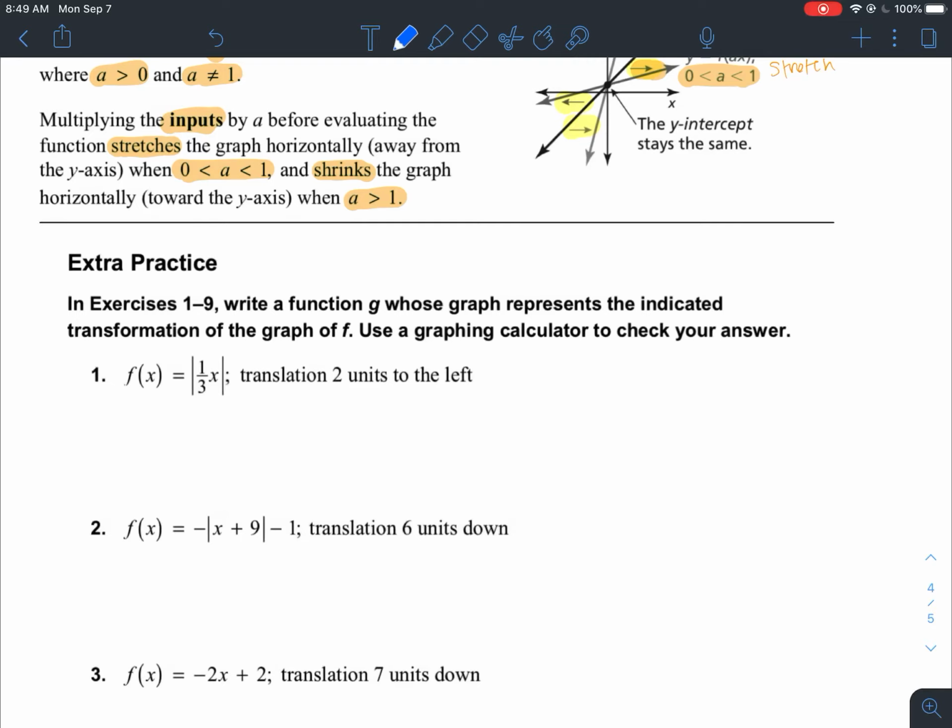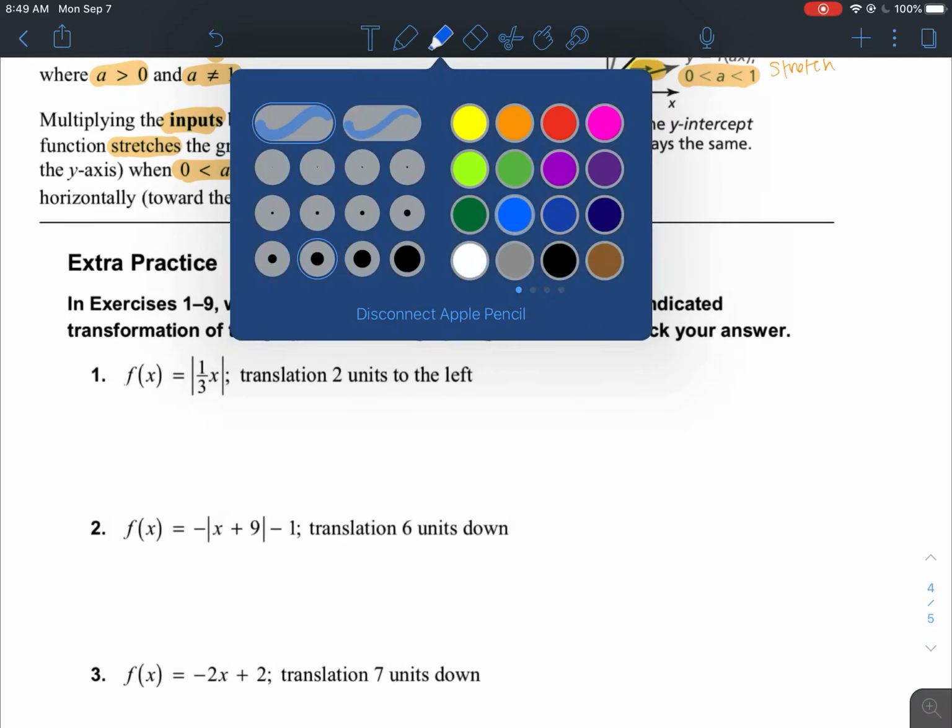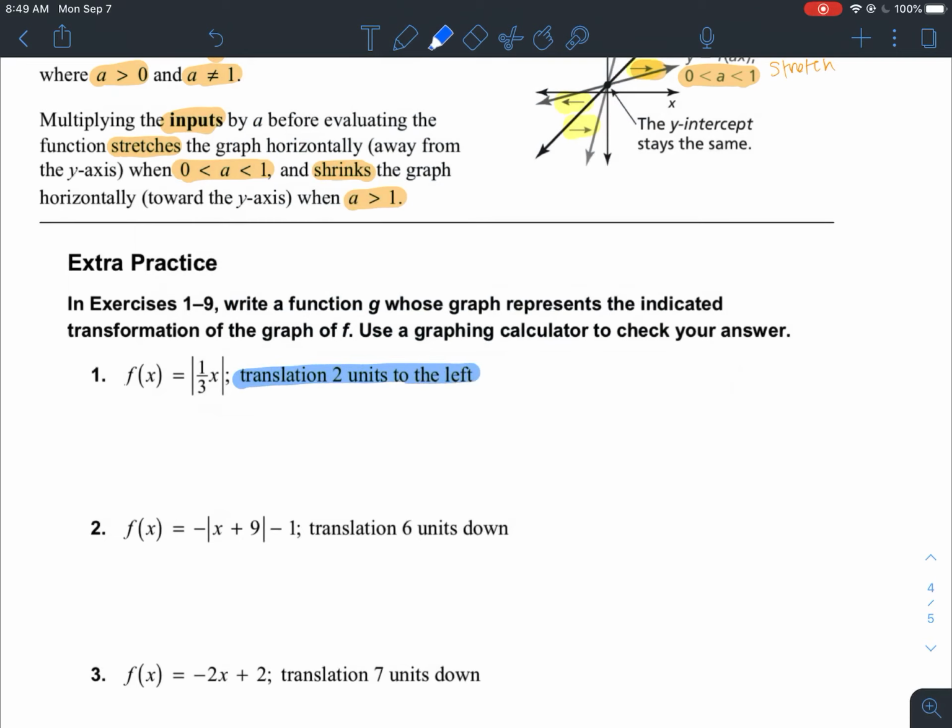This is a 1 over 3x, and it's happening inside of our absolute value signs, right? Okay, so that would be a vertical shrink. But it's asking us to look at this right here. This is the part that it wants us to look at. So we want to translate this function to the left 2 units.